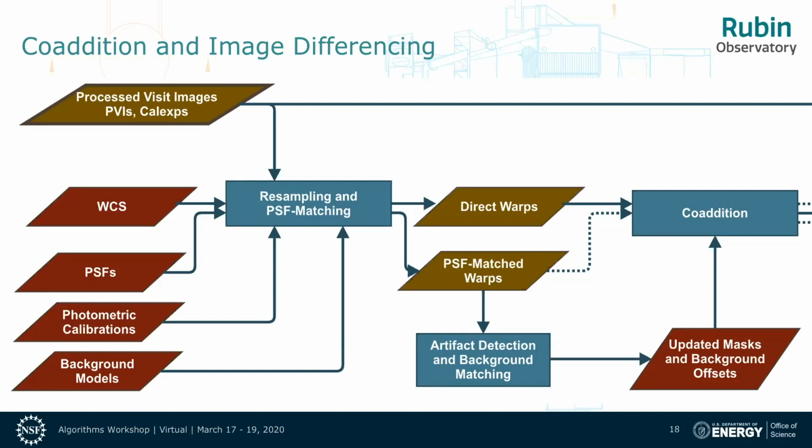These PSF matched warps can be used for a variety of purposes, but right now we only use them for artifact detection. You can compare the warps to find outliers that only appear in a small fraction of images. For example, things like glints or cosmic rays or satellites.